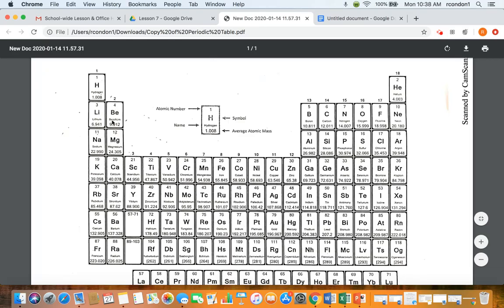These have 2. Over here, we have 3, 4, 5, 6, 7, and 8. Remember the octet rule? The noble gases have 8 valence electrons, so they don't want to do any chemical reactions. They're already happy. But everything here, take the second number, 7, 6, 5, 4, 3, 2, 1. So we know that potassium has 1 valence electron.